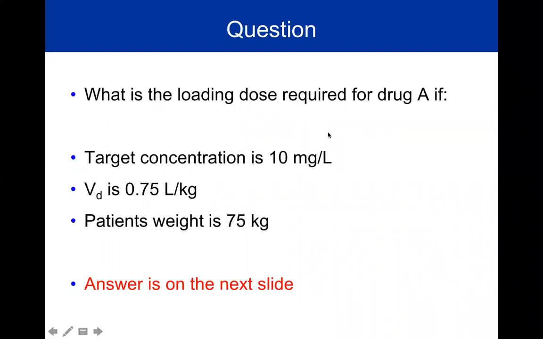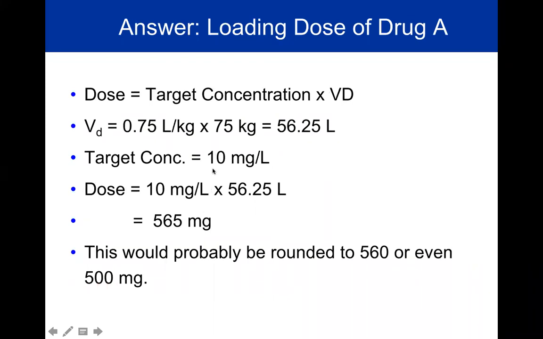The loading dose can be taken by multiplying all these three numbers: the target concentration multiplied by the volume of distribution multiplied by 75 kilogram. We will get 565 milligram, and this would probably be rounded to 560 or even 500 milligram, regarded as a suitable bolus dose for the starting of the effect of this drug, which is here coded as drug A.